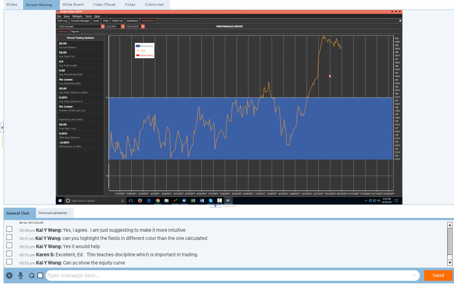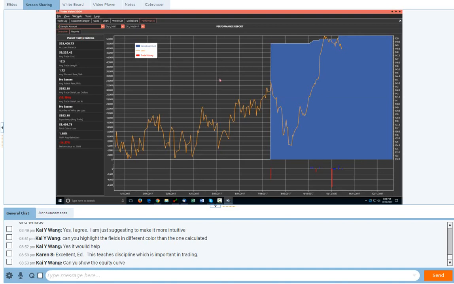Okay, so here's your equity curve, and again, this is a dummy account with a few trades in it. I'm comparing myself to the IWM, so this is what the IWM has done over time. Oops, this is the wrong account. There we go. The blue mountain is the account value for this account, and this is the IWM over that same period of time.